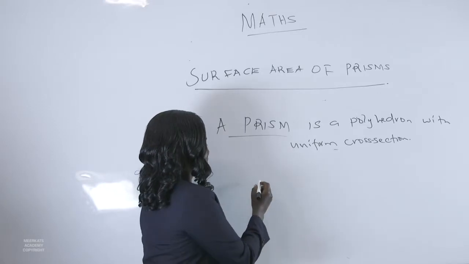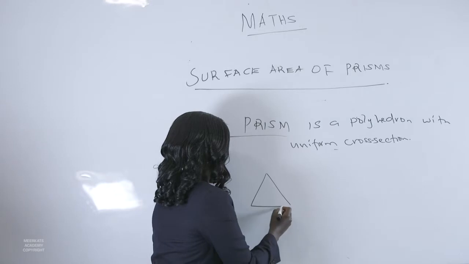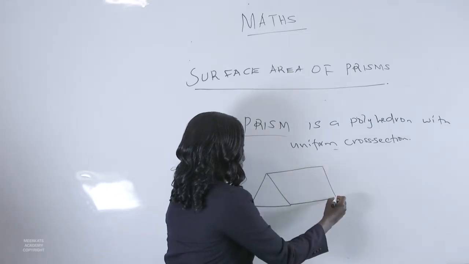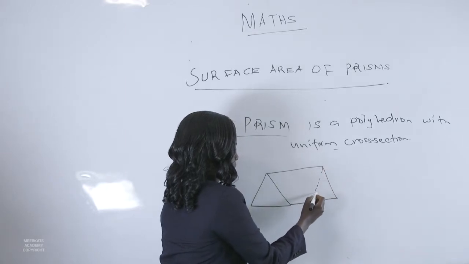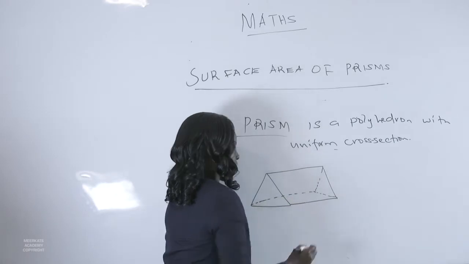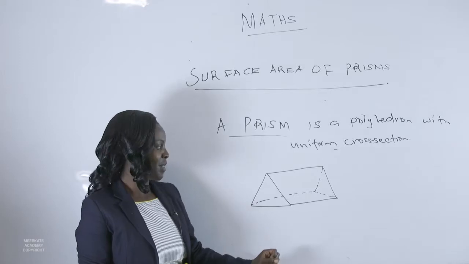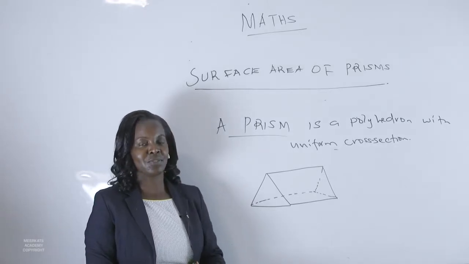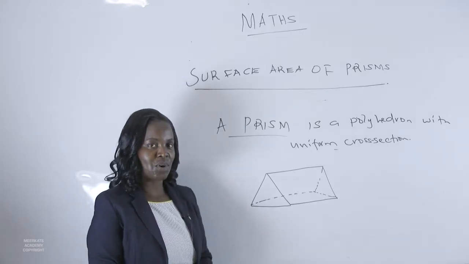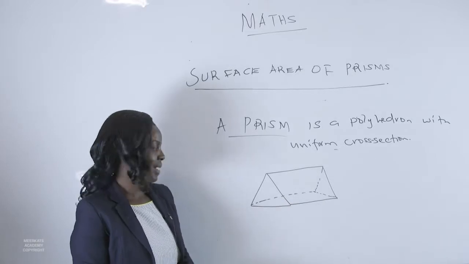For example, let's look at this solid. Now we are dealing with three-dimensional objects. For us to be able to talk about a prism, it must be a three-dimensional object, meaning it has length, width, and height.